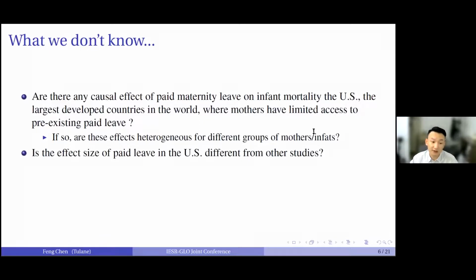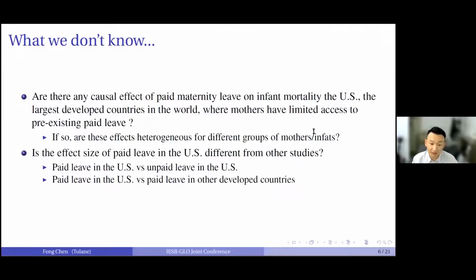Is the effect size of paid leave in the US different from others? For example, is the effect of paid leave in the US different from unpaid leave in the US, or paid leave in the US versus paid leave in other developed countries? So basically, in this study, I will answer these questions.